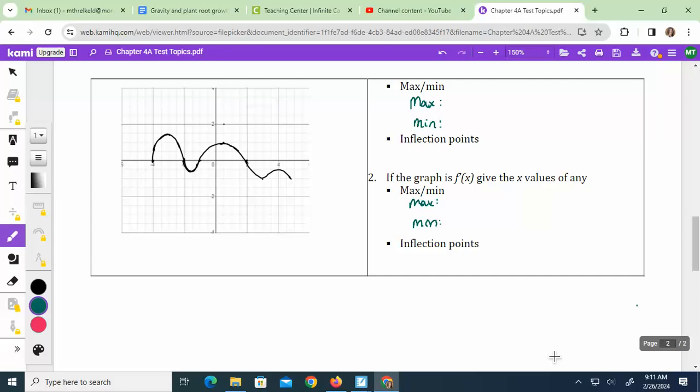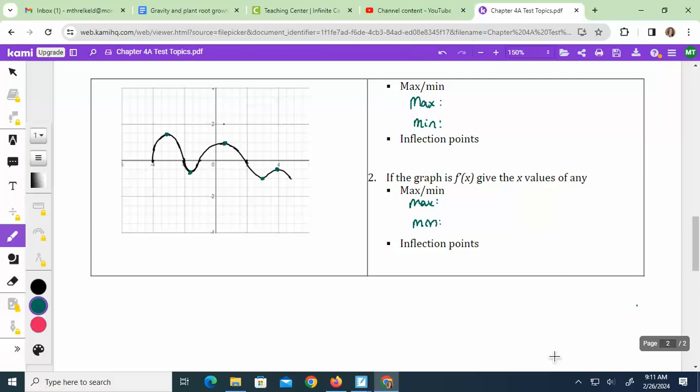So if we are looking at the original function, maxes and mins are just the high and low points on this graph. Would you count endpoints here? No, because we're really just looking at local, plus, you know, this wouldn't even count as an absolute anything.